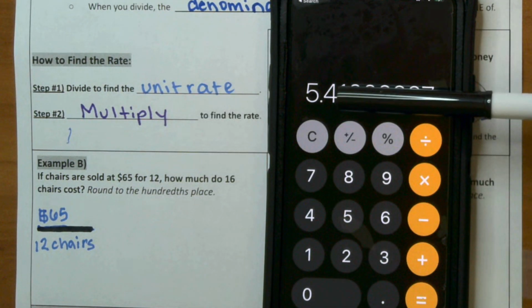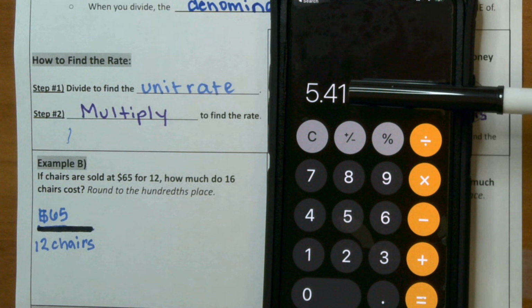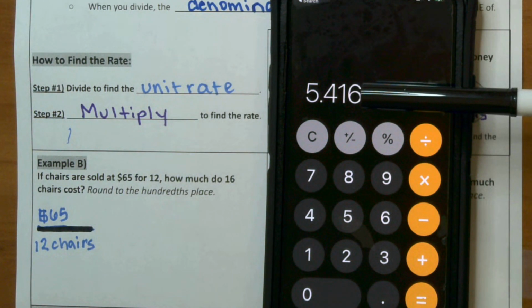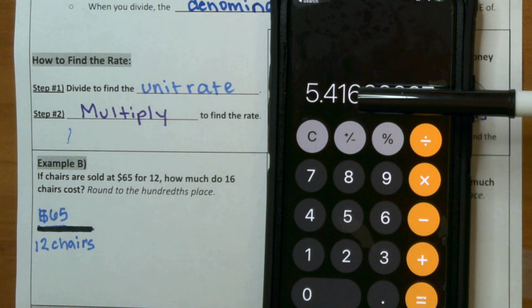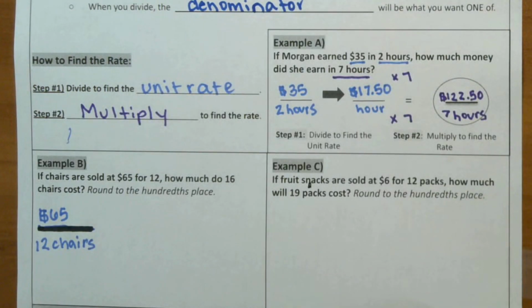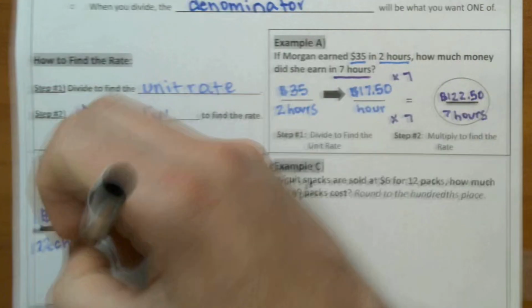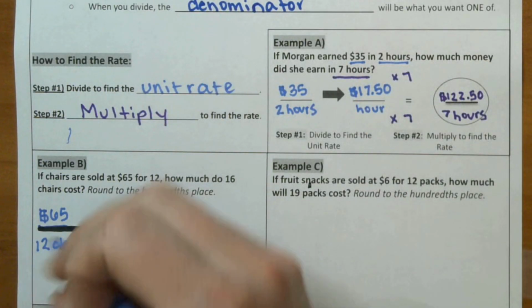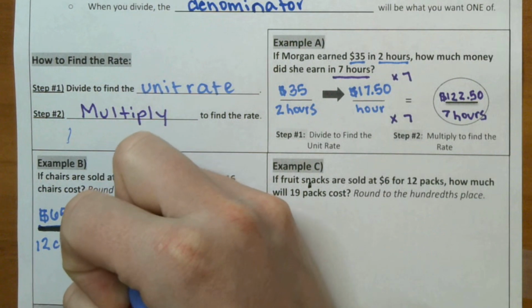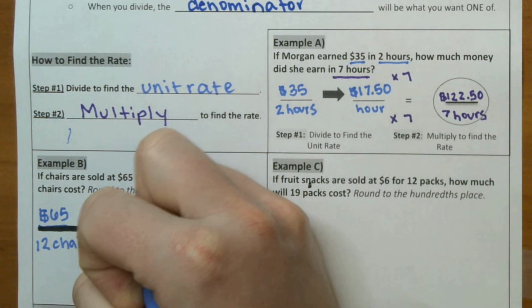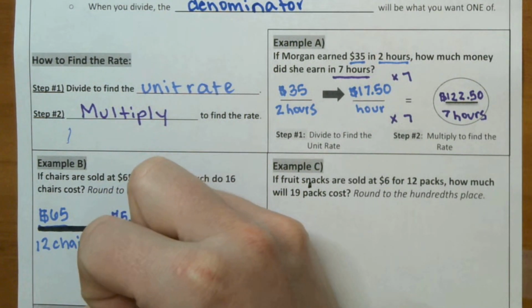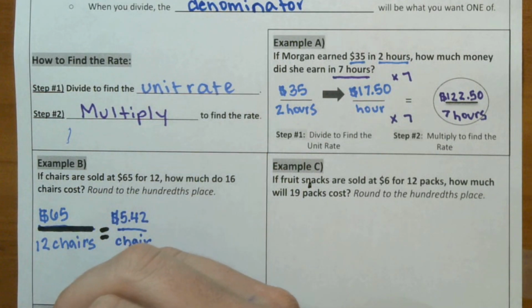It all depends on the number after the 1. If the number after the 1 is 5 or higher, we'll round up. So the number after the 1 is a 6. That's 5 or higher. So I'm going to round up to 5 and 42 hundredths. So our unit cost is $5.42 per chair.